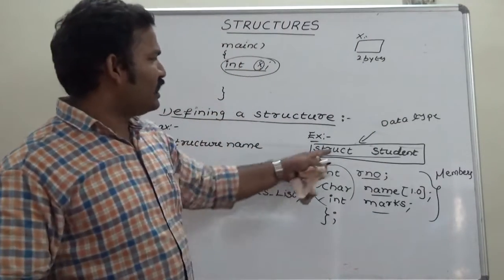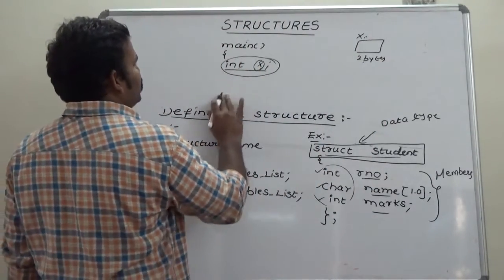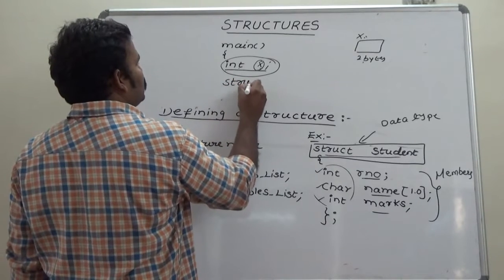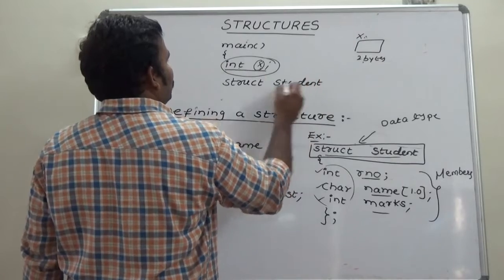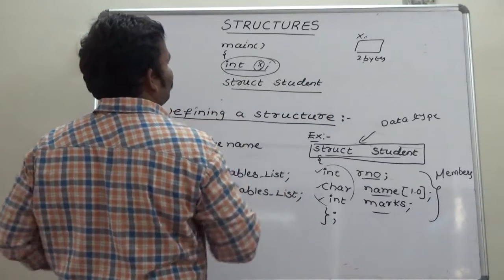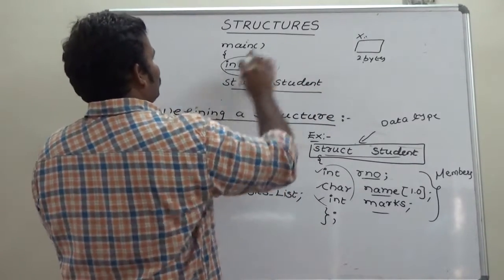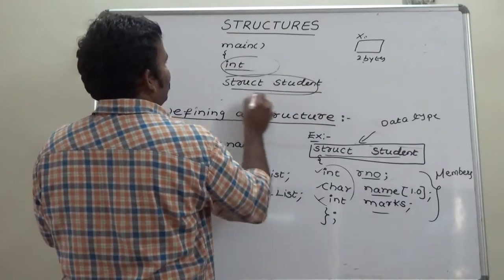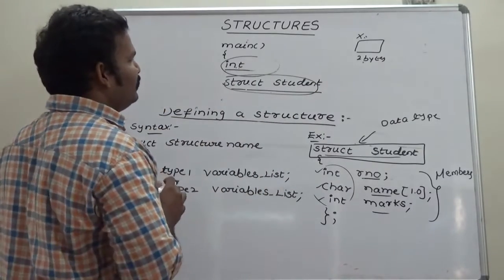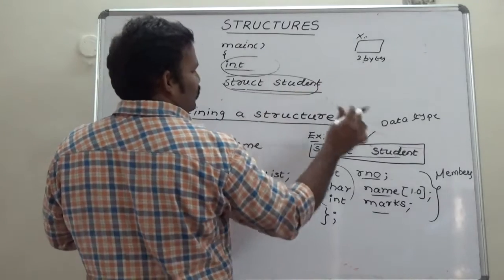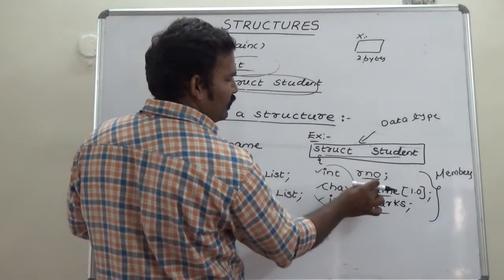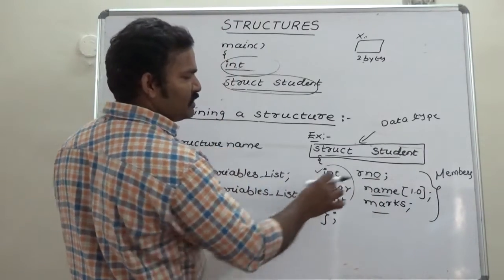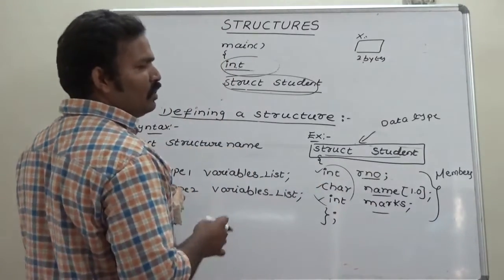Same here also, struct student is a data type like int. To allocate memory for structure variables, structure members, what do we have to do?